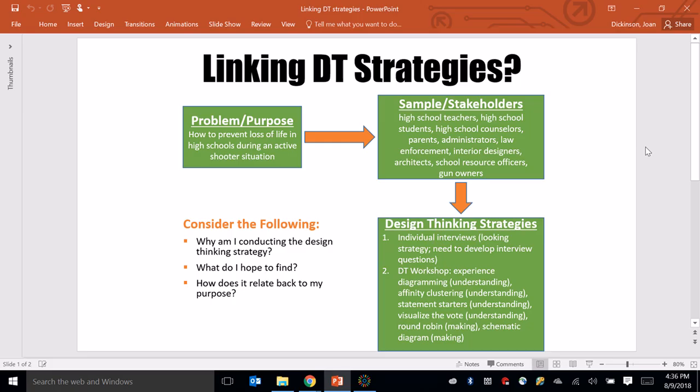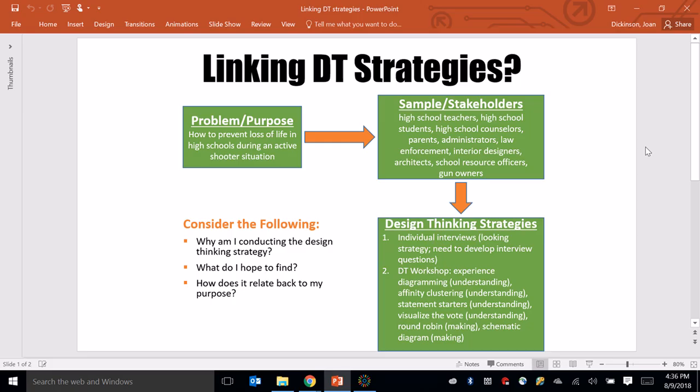What he did is he asked the stakeholders to select a person who would be in the high school during an active shooter situation, and he asked them to diagram what this person would do during a shooting. The stakeholders did this for high school teachers, high school students, high school counselors, and so on.